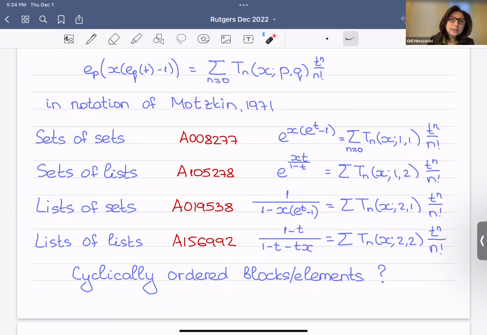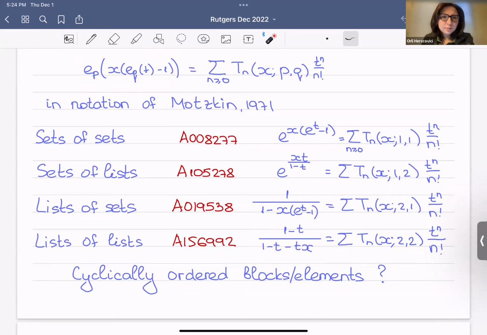Finally, lists of lists, where the order of blocks and the order of elements inside of blocks do matter. So we have this generating function, and this case corresponds to P equals 2, Q equals 2. So we actually covered 4 kinds of set partitions by this one generating function with 2 parameters and 2 statistics.